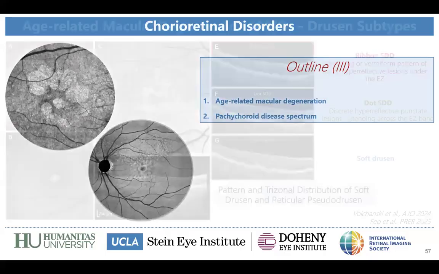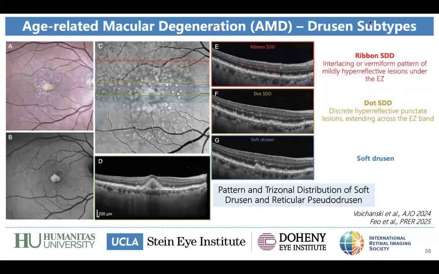So, okay, perfect. In the context of age-related macular degeneration, en face OCT can be very useful to identify different subtypes of drusen and subretinal drusenoid deposits, aka reticular pseudodrusen, and to follow them longitudinally. This is an example of a patient with multiple lesions.